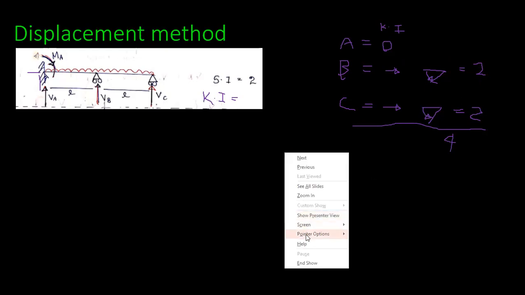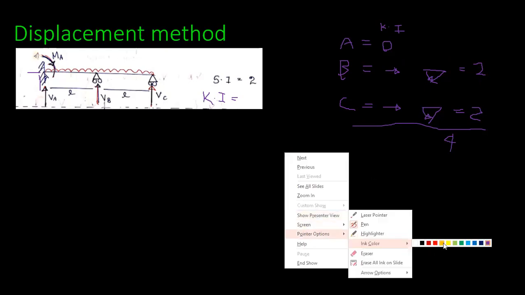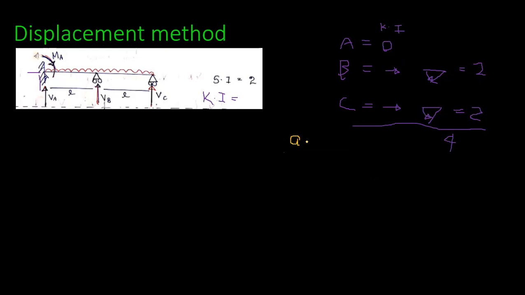But what happens if it is axially rigid? If it is axially rigid, these translations become 0, right?